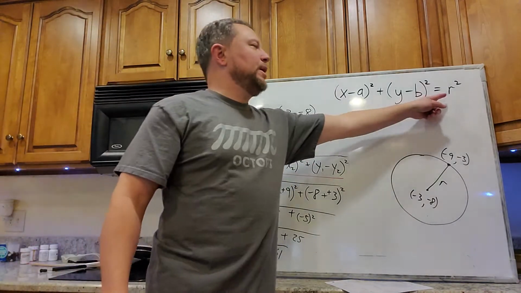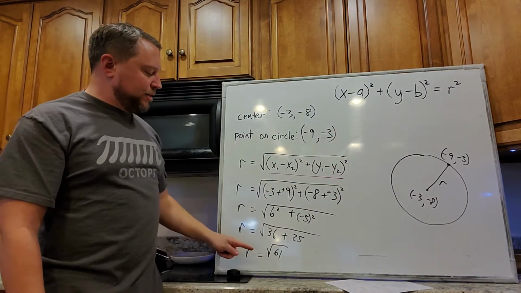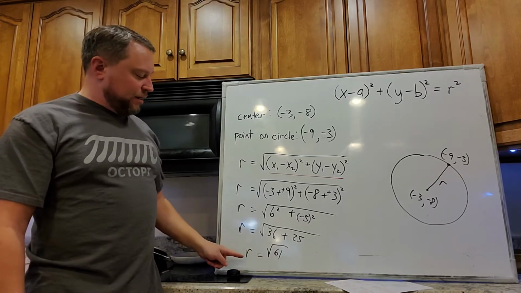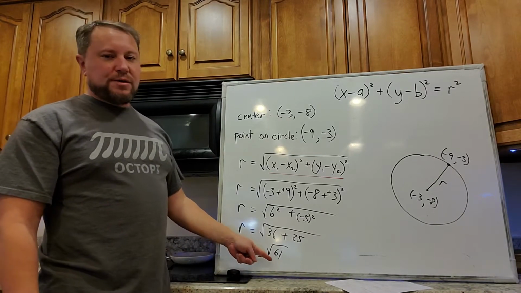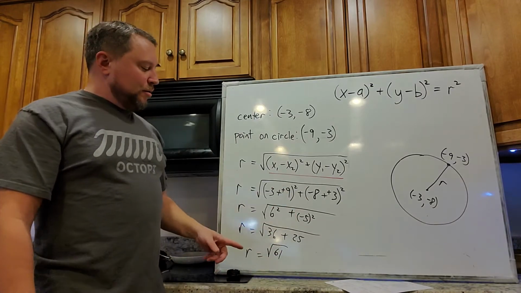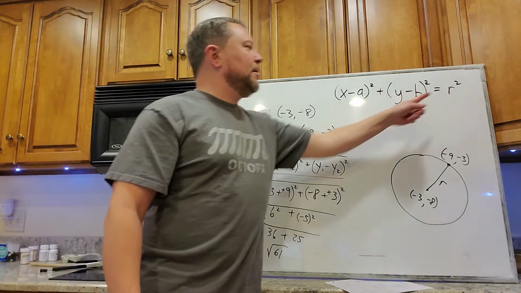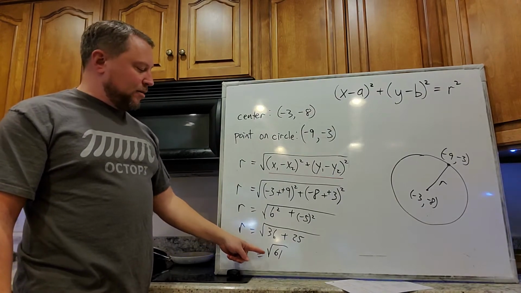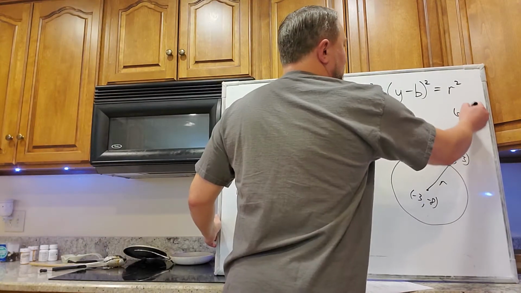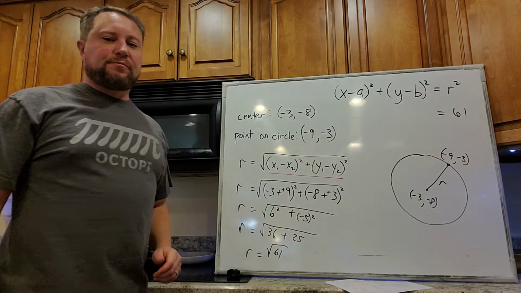But remember, when I go to plug it into the equation, I'm going to square that radius. So I'm not going to bother to figure out what this decimal is. Square root of 61 would be some decimal. But if I turn around and square a square root, all they do is cancel each other out, and that leaves me with 61 for this part right there.